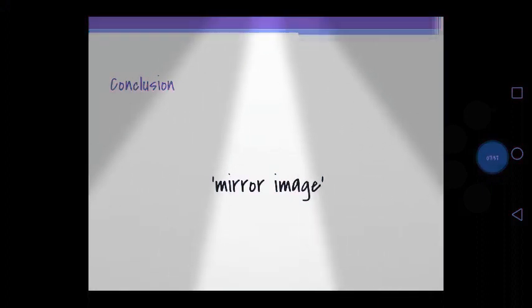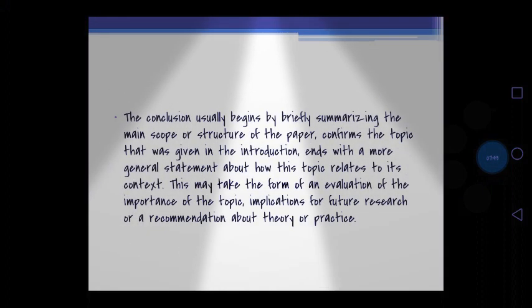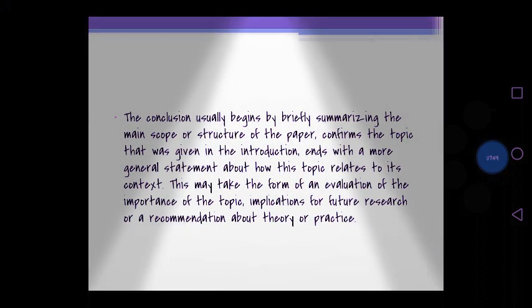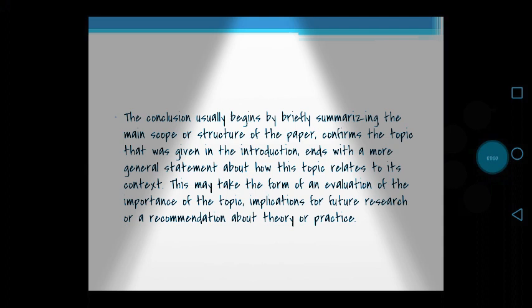Next is the conclusion. This is the mirror image of the essay. The conclusion usually begins by briefly summarizing the main scope or structure of the paper. It confirms the topic that was given in the introduction.